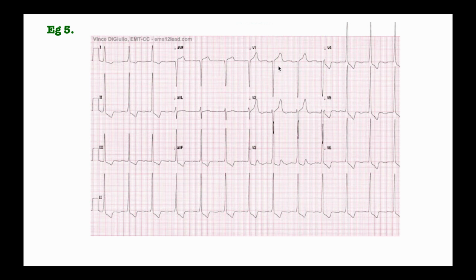How much are we getting? 5, 10, 15, 20, 25, 30. So how much are we getting in all? We had R wave in V5 was 35 plus S wave in V1 we got 30. So we are getting 65 millimeters, which is more than 35 millimeters. And so we say there is left ventricular hypertrophy using the Sokolow-Lyon index.